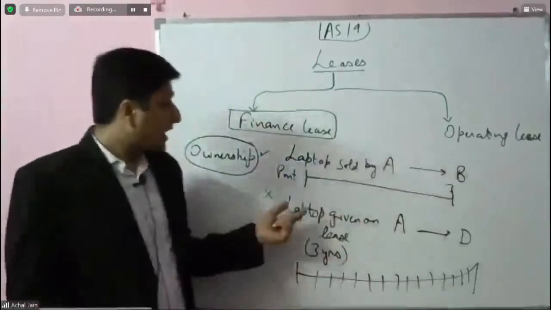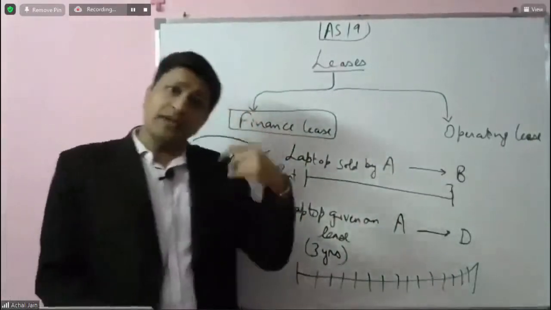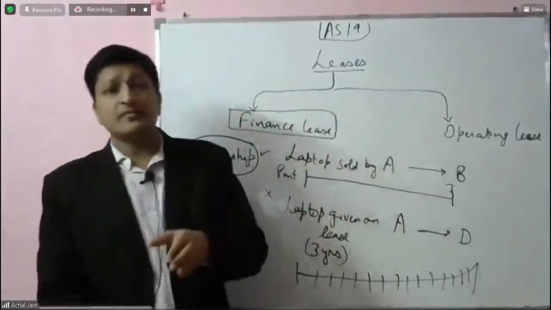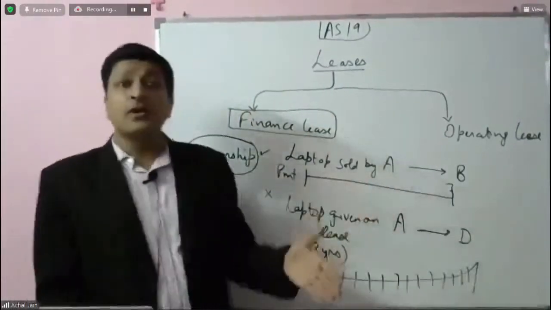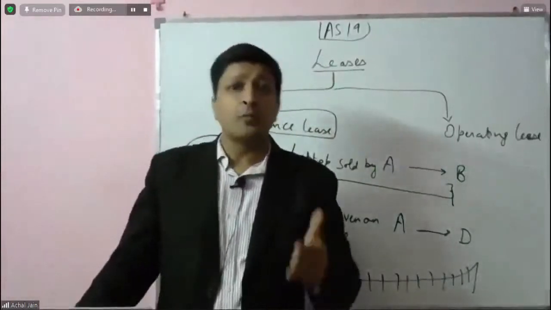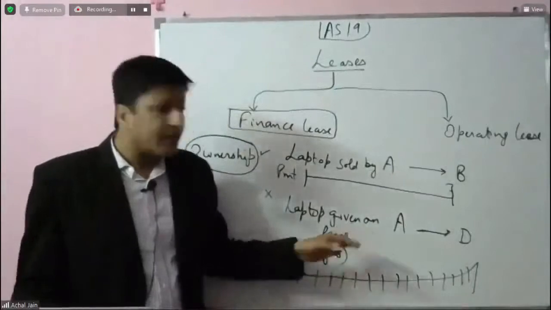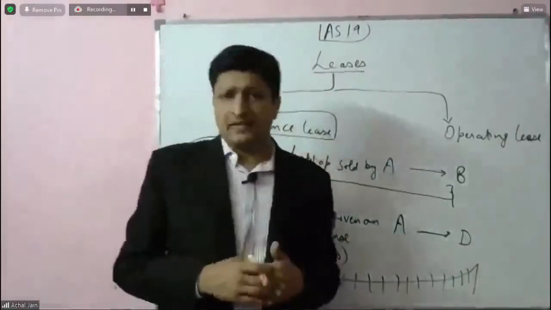Why? Because I'm getting the laptop, I'm also getting the risk and rewards attached to the laptop, and over and above this, A is allowing me to pay for this laptop over a period of 3 years. Effectively, it is no different from a sale.